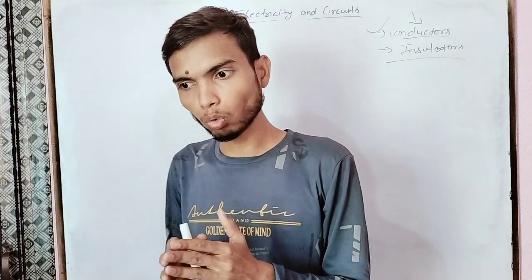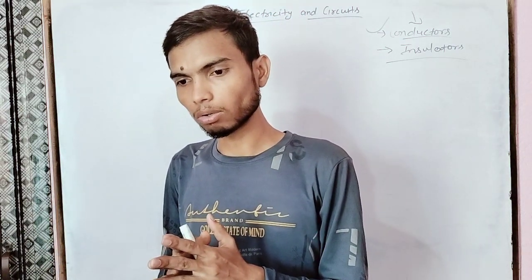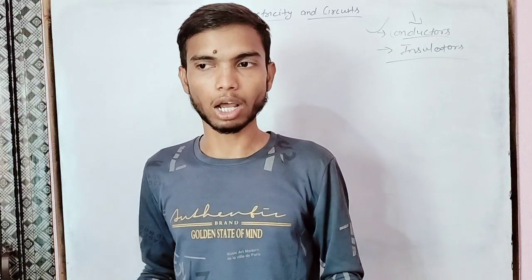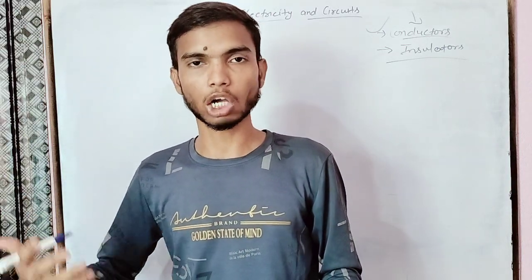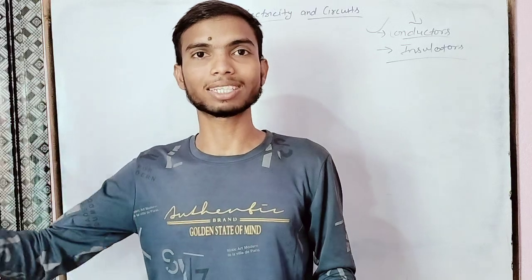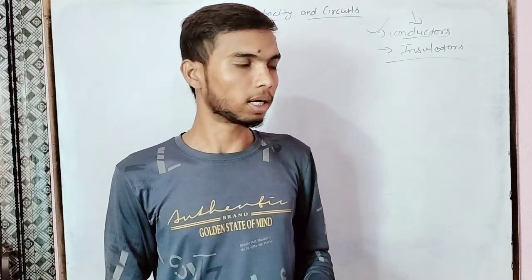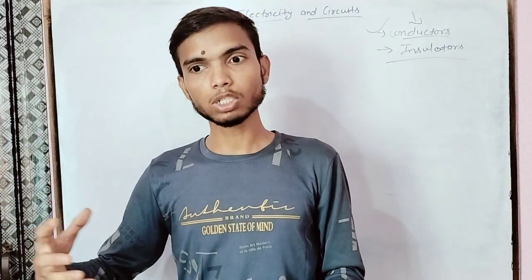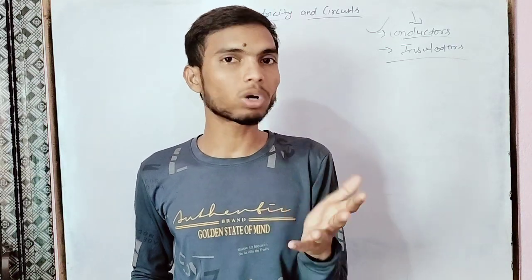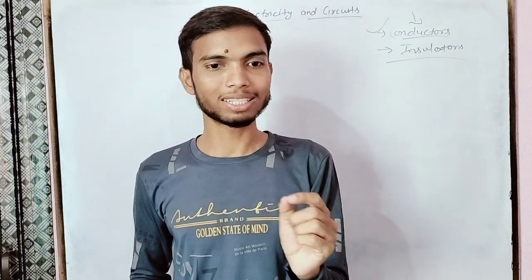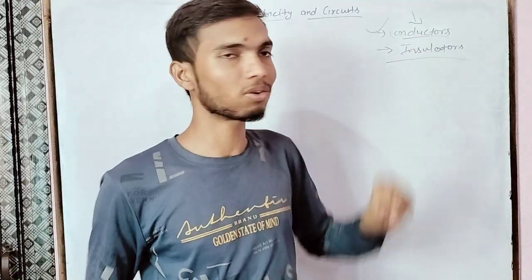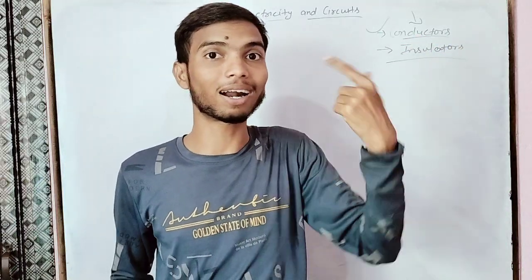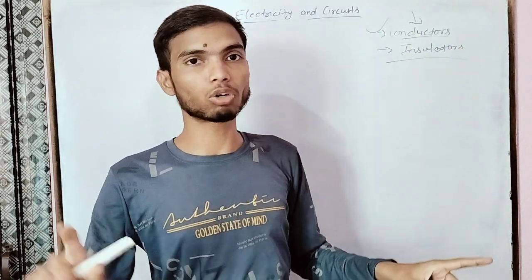Conductors are those materials which allow electricity to pass. And insulators are those materials which will not allow electricity to pass. So a conductor will conduct electricity, but an insulator will not.